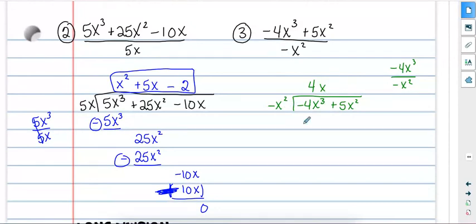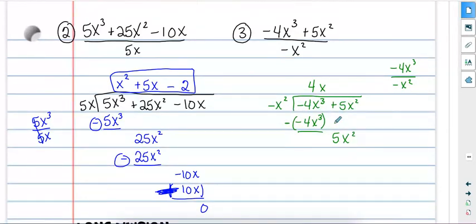So when you multiply here, you end up with negative 4x to the third power. And the rule is you have to subtract going down. So you have 0. Bring down 5x to the second power. Okay, we're going to find out what times negative x squared fits into 5x squared, right?